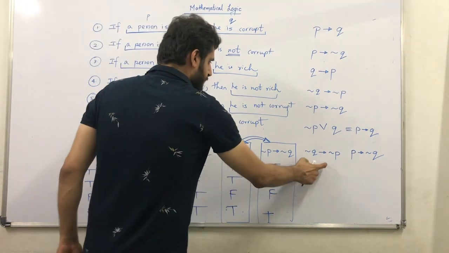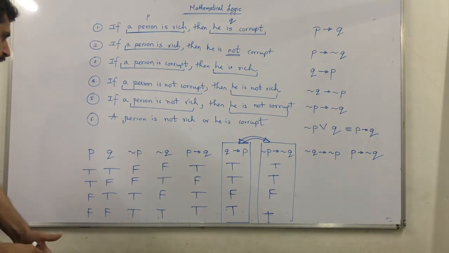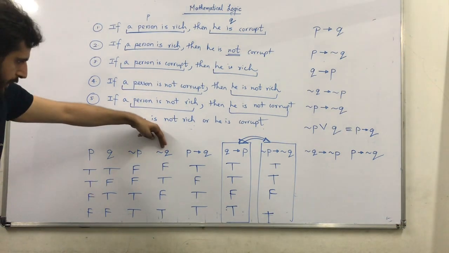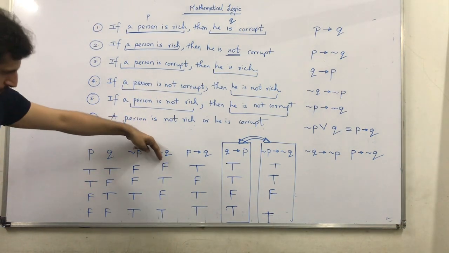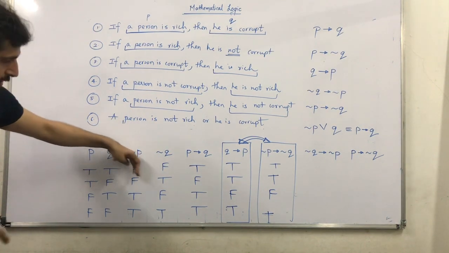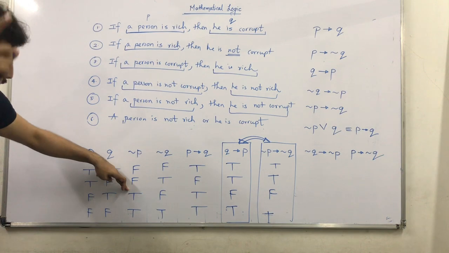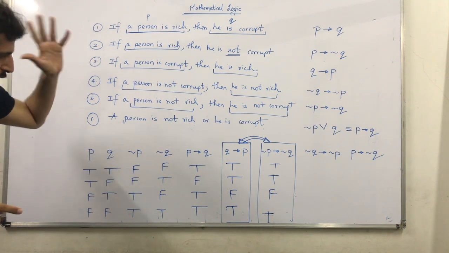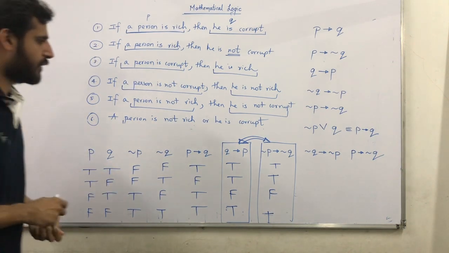Then we do negation Q implies negation P. False implies false is true, true implies false is false, false implies true is true, true implies true is true. So only in the second case are we going to get false.